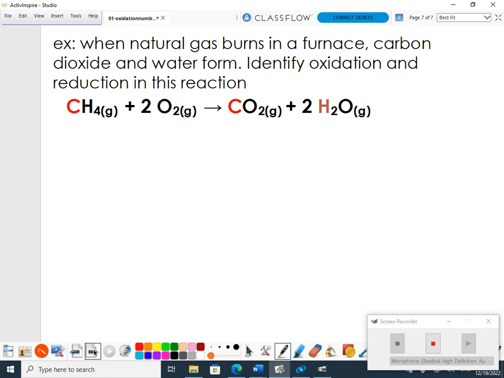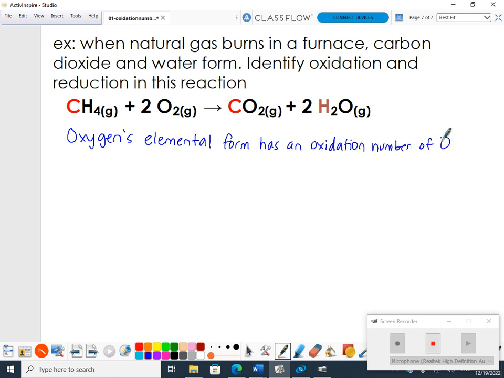Right here, this oxygen all by itself, right away, you can label as 0. We label that in the top right-hand corner, just like a normal ionic charge.